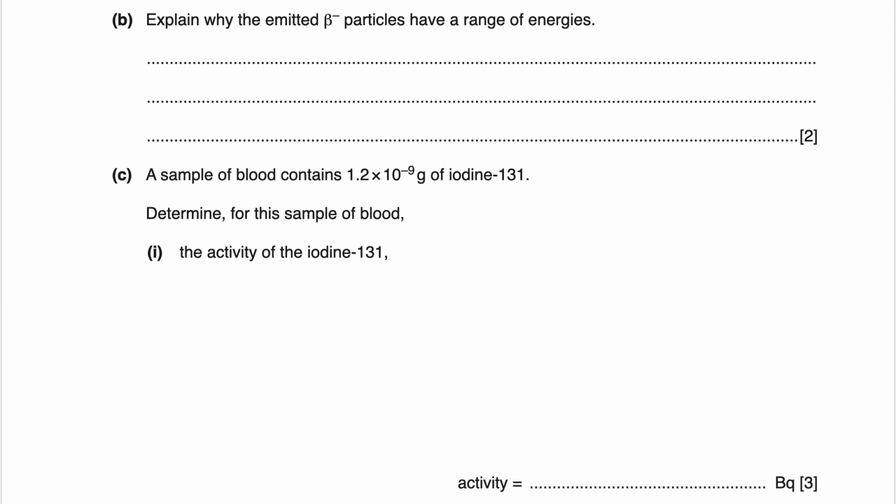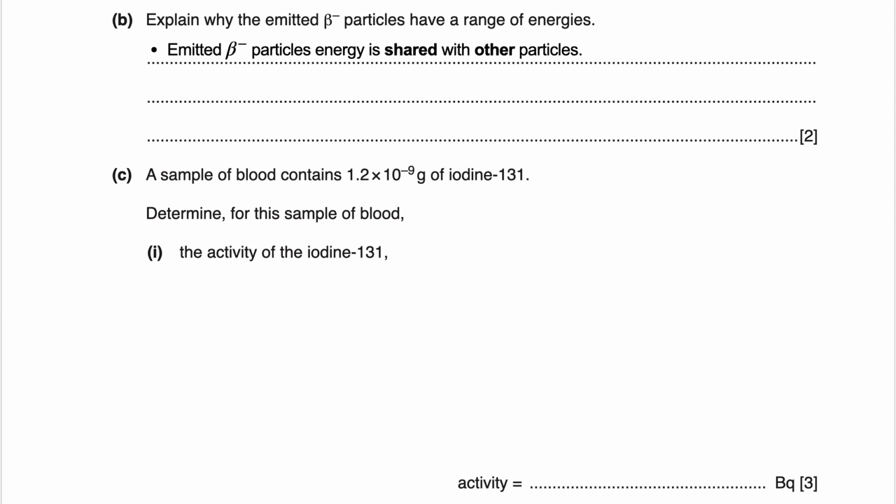Explain why the emitted beta particles have a range of energy. Because a beta negative particle is never created alone, never emitted alone. They are always emitted with other particles, so they share energy with other particles. I'm not sure, so please check yourself.